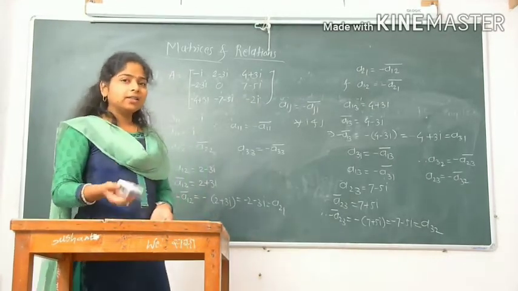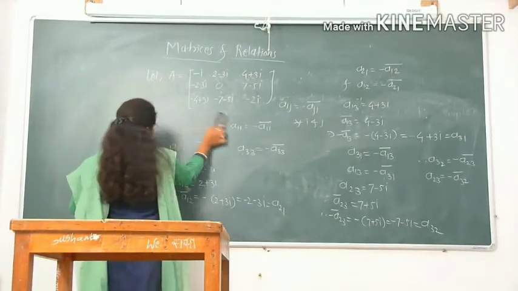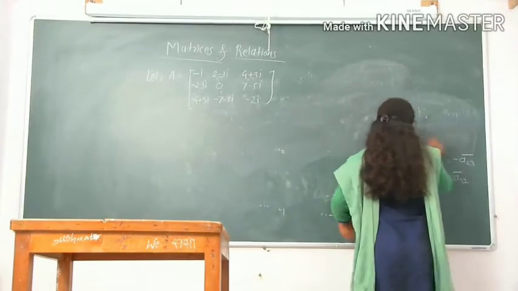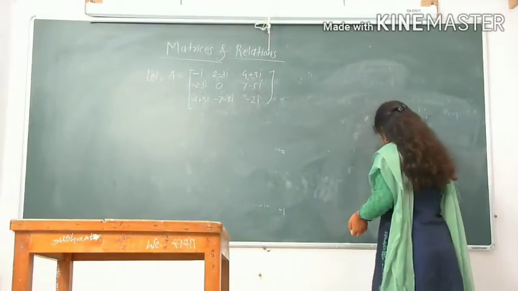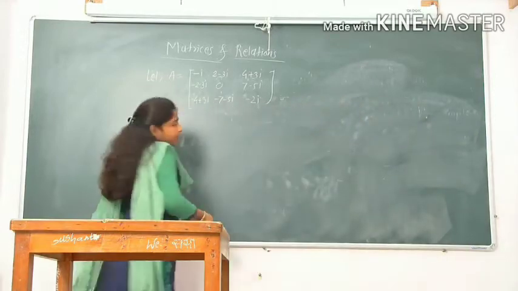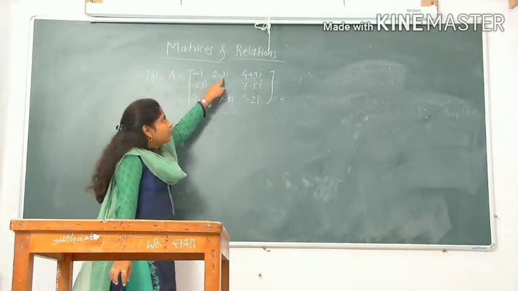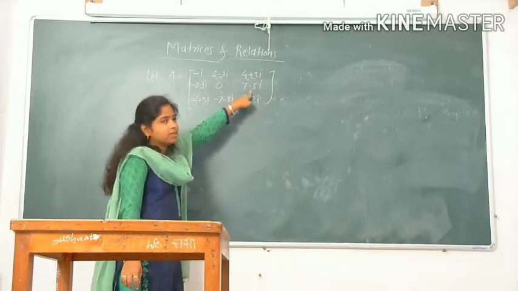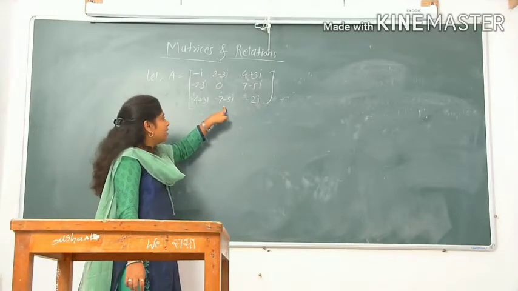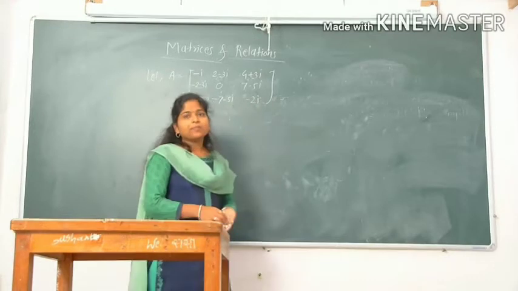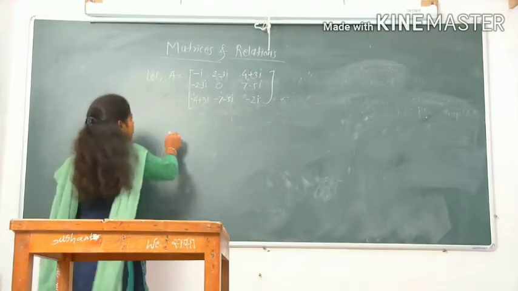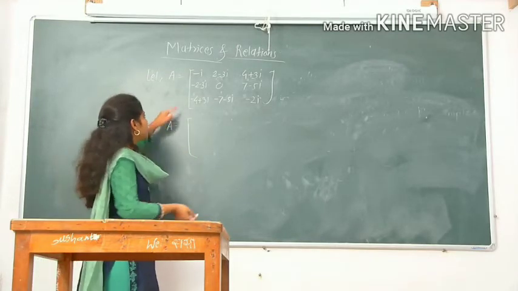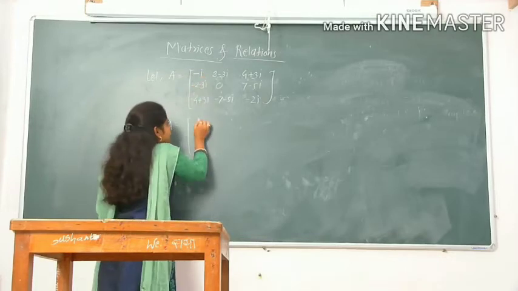Now, let us see another thing related to skew-symmetric matrix. I take the same example here. Let A be the matrix with rows: minus i, 2 minus 3i, 4 plus 3i; minus 2 minus 3i, 0, 7 minus 5i; minus 4 plus 3i, 7 minus 5i, minus 2i. Now, we take its conjugate. So A bar is obtained by taking the conjugate of each element of A. Conjugate of minus i is i.